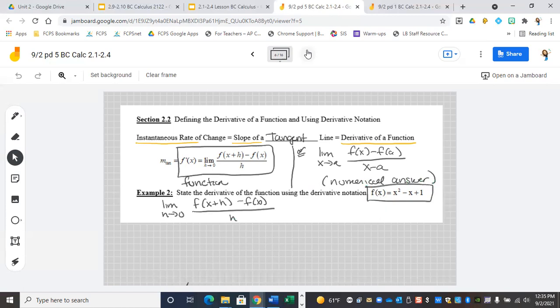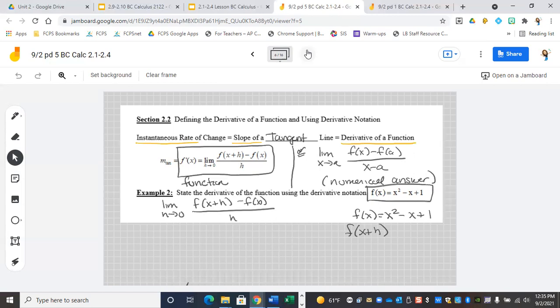So first of all, before you can set up the derivative notation, there's 2 things you have to know to substitute into this formula. Number 1 is you have to know f of x, which they're giving to me. The second thing you have to know is f of x plus h. Now remember, function notation. What is x plus h? X plus h is your input.